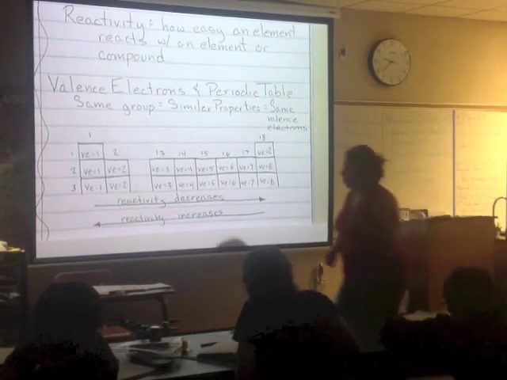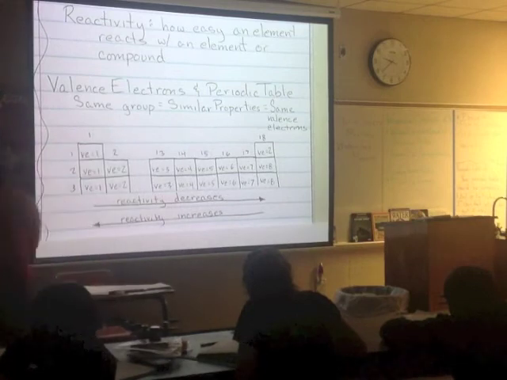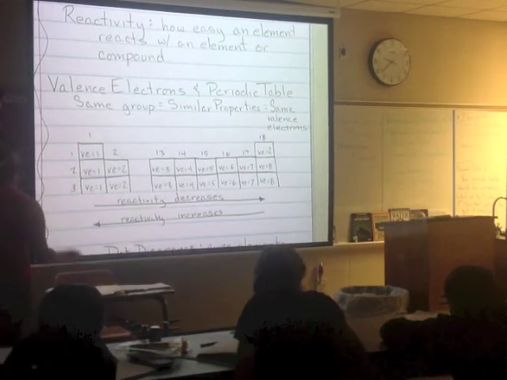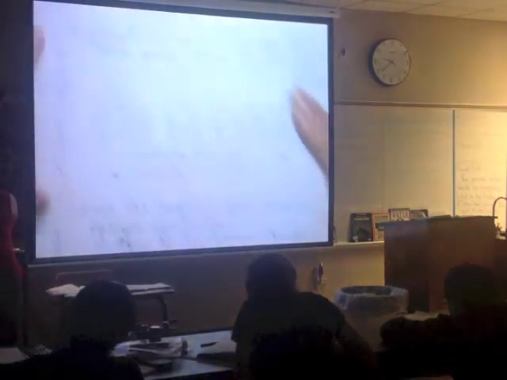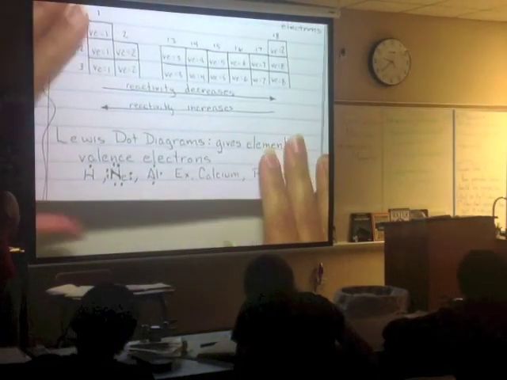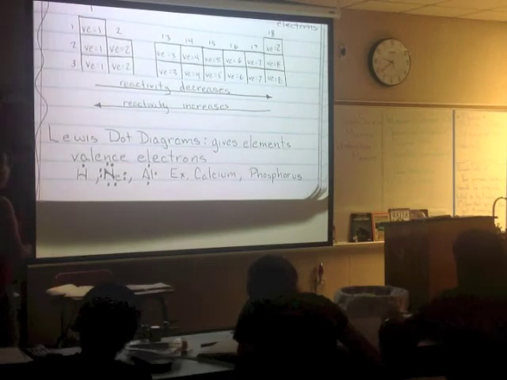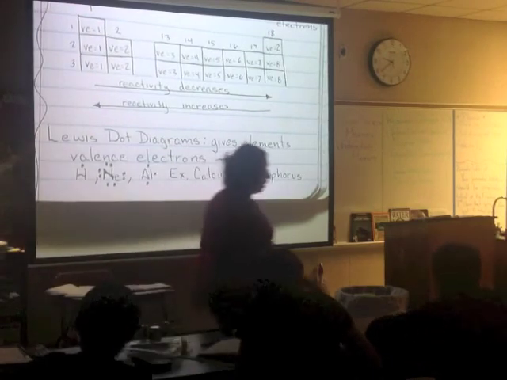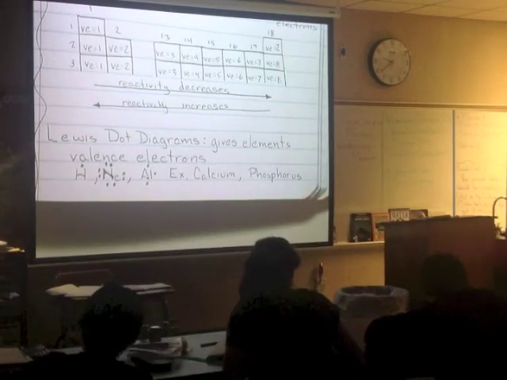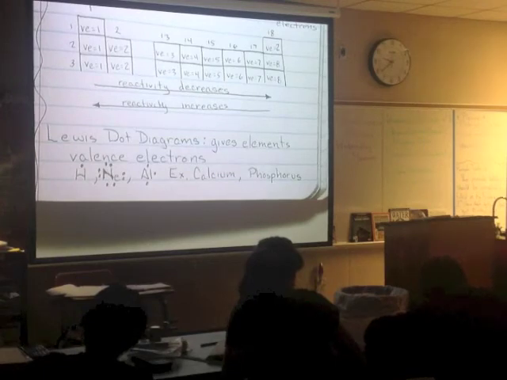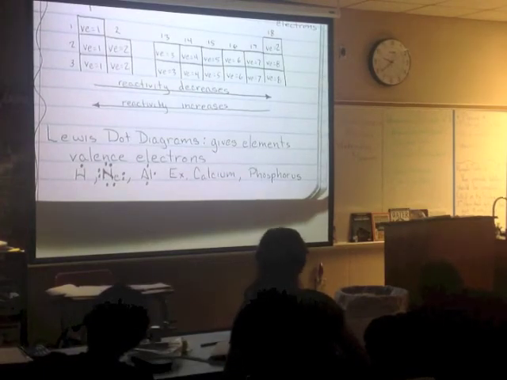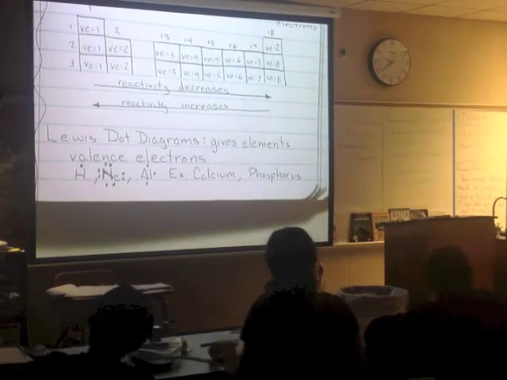Alright. Now, last thing we're going to talk about is what we call Lewis dot diagrams. Lewis dot diagrams are basically a shorthand way to give elements and their valence electrons in a short format.